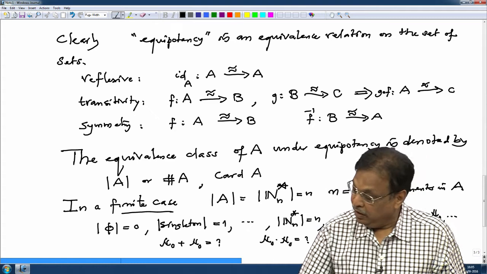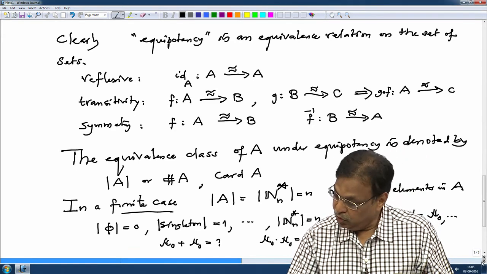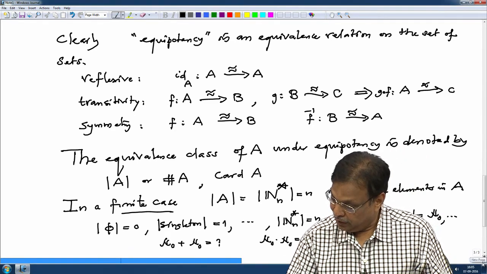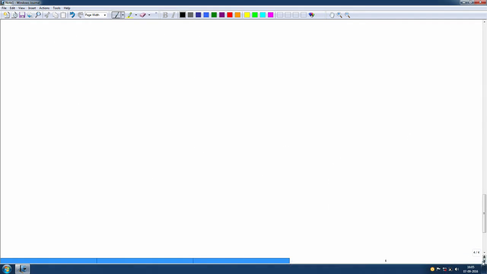So, I want to digress, not so much, but a little bit. For example, we also want to extend the usual less than or equal to order to this arithmetic.